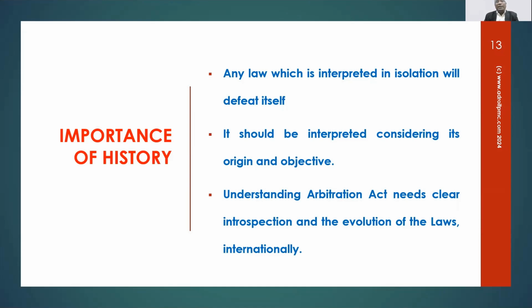Any law, whether it is arbitration law or any law, if it is interpreted in isolation, will defeat itself. So it should be interpreted considering its origin and the objective. What is the objective of arbitration? We all know that arbitration's main objective is impartiality, the principle of natural justice. So to understand that, we must know the history, how it has evolved.